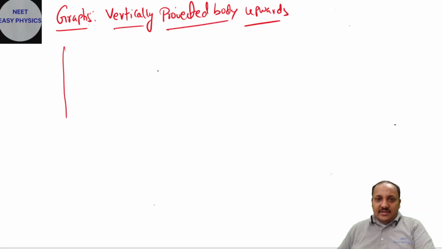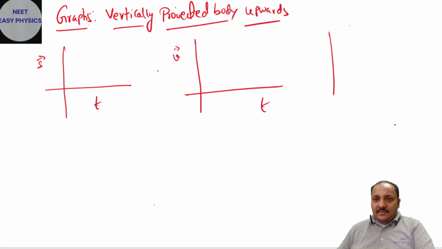One is displacement-time. Another one is velocity-time. Another one is acceleration-time. If you project an object vertically upwards with some initial velocity u.